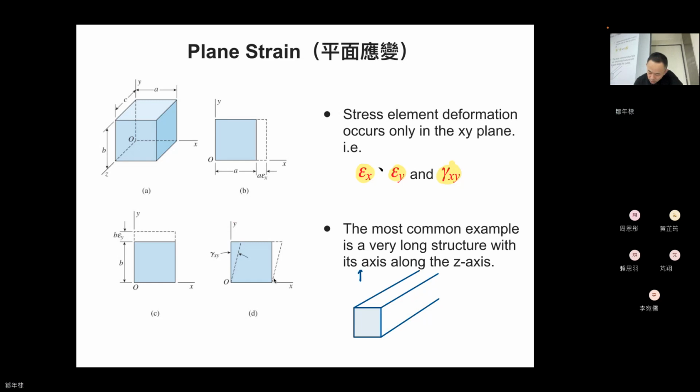So this is x, this is y, and this is z. The z axis is really long, super long. So even if there is deformation along the z direction, divided by the original length, it still becomes nothing, right?